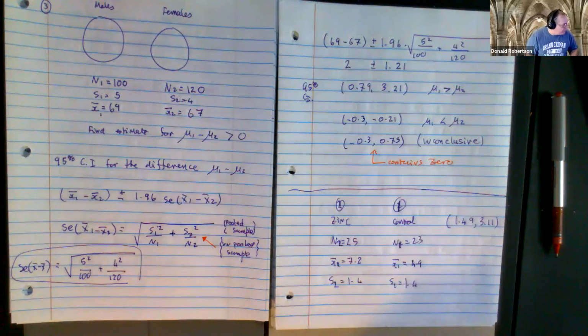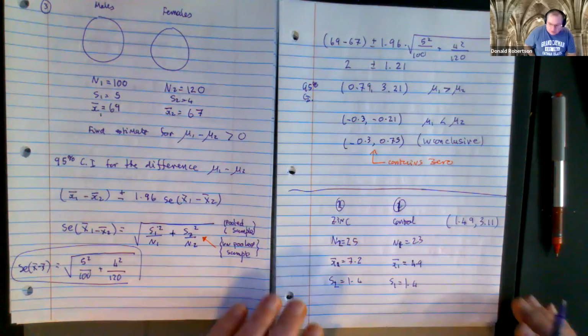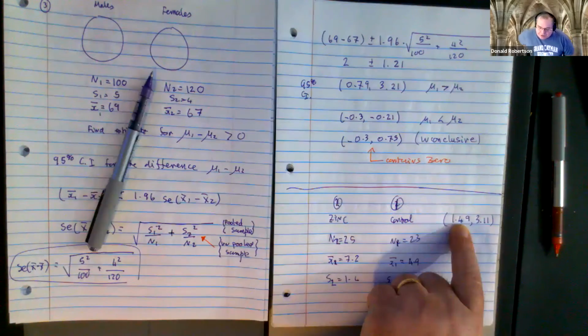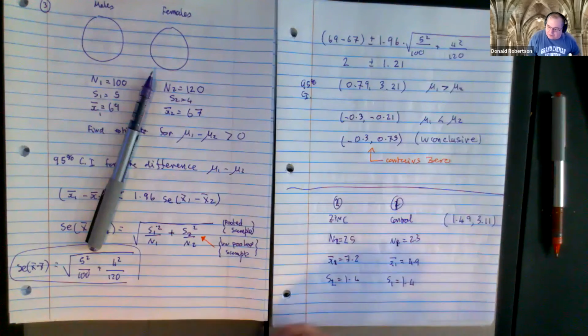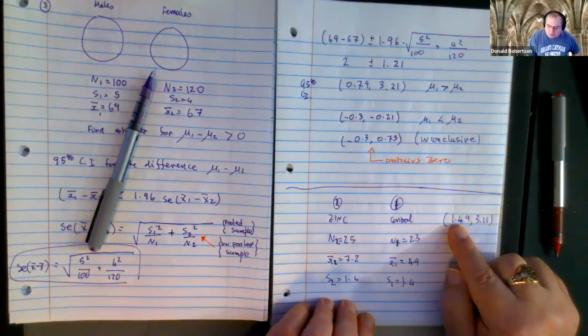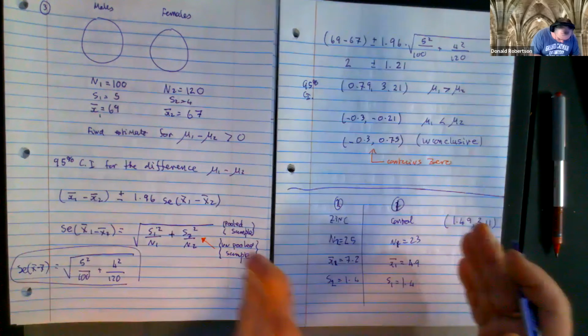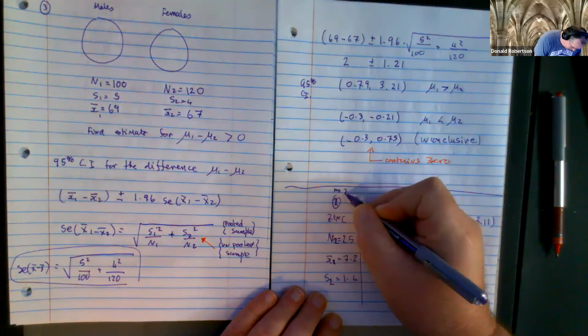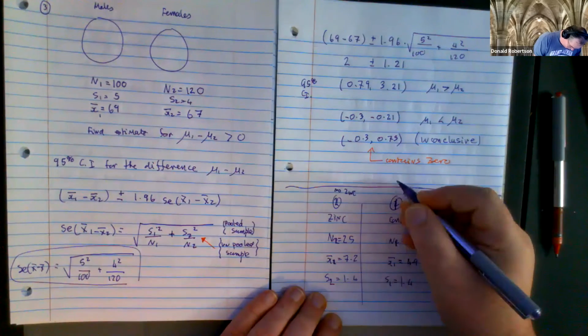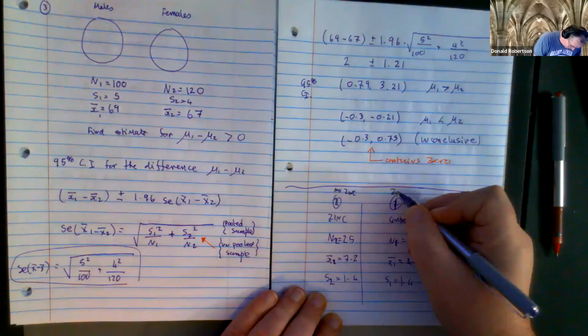Okay, let's interpret that now. The average number of days between the two is positive 1.4 to positive 3.1, right? So when you get the zinc and the no zinc, these are the no zinc, and these are the zinc, right?